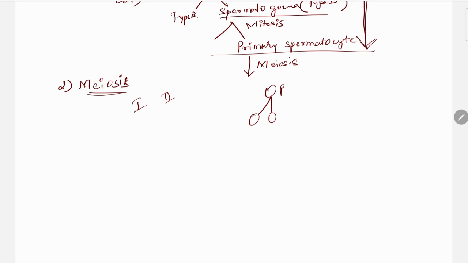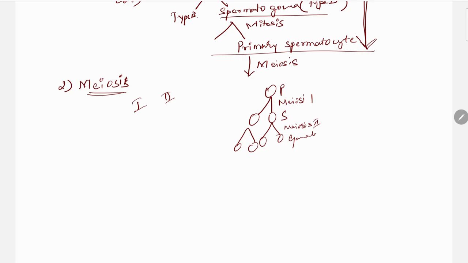This is primary, this is secondary. This is meiosis 1. The secondary is going to again undergo reduction division, and then daughter cells form, and this is the gamete. This is meiosis 2, right?